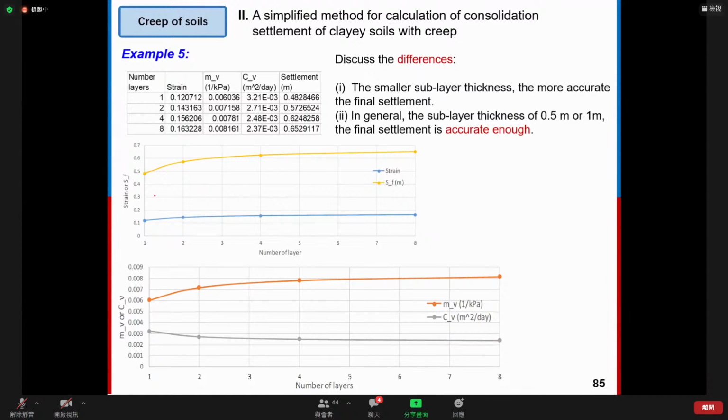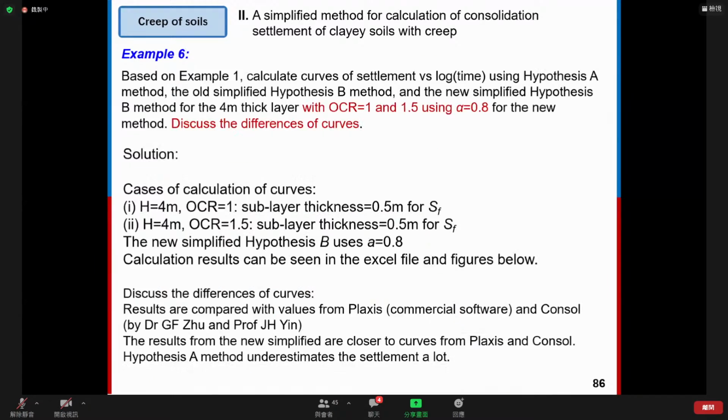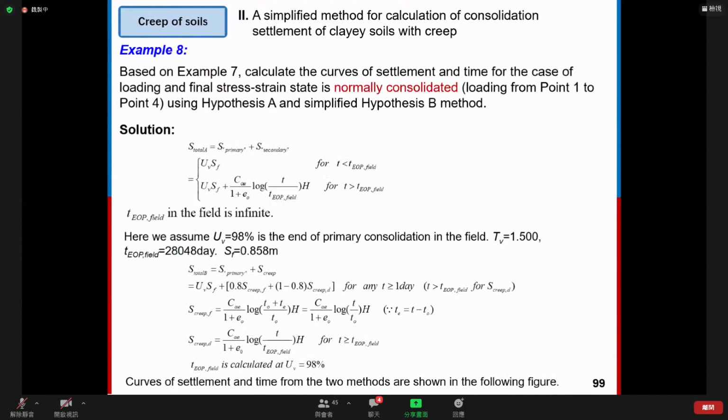So you can see the final strain will gradually approach one stable value, which means the calculation result is more accurate. If you only have one layer here, it's like 0.5 for the strain. Later if you divide them into more sub layers, the result will be more accurate.